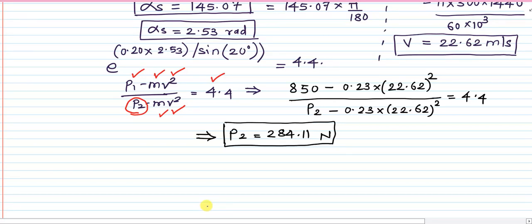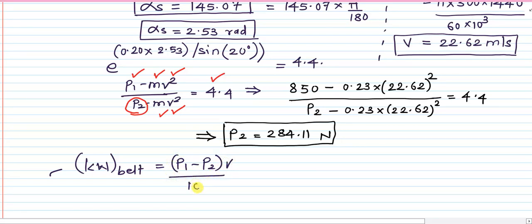So now you have both P1 and P2, so now you can calculate the amount of power that can be transmitted, in kW for one belt. It will be equal to your basic formula, P1 minus P2 multiplied by V divided by 1000 to convert watt into kilowatt.